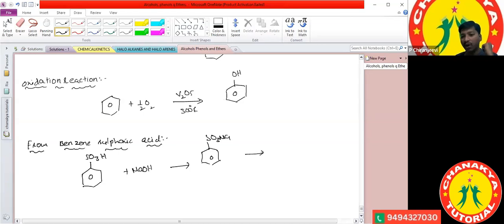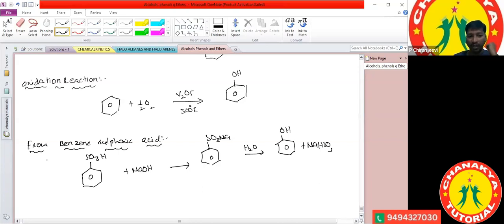Again it undergoes hydrolysis, forming phenol OH plus NaHSO3.